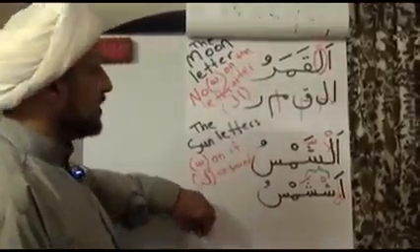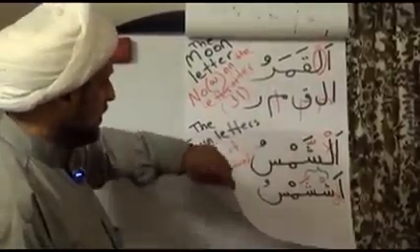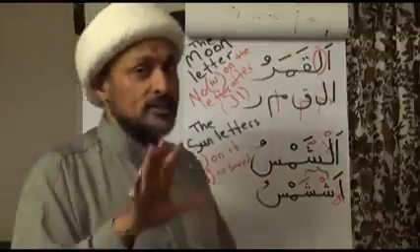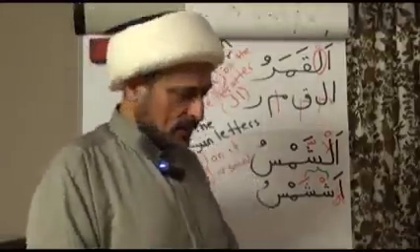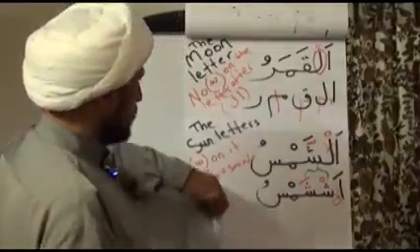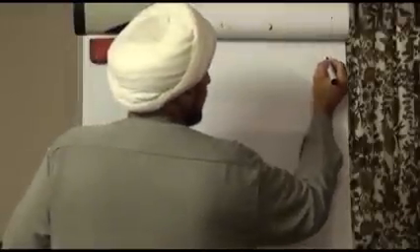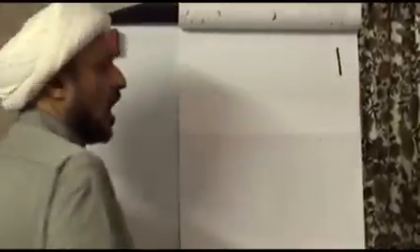Now let me give you another sign which is very important, and you will see it a lot. We have this hamza. Let me give you one observation here, and this is the last point I wanted to explain. This is a sound in the Arabic language.